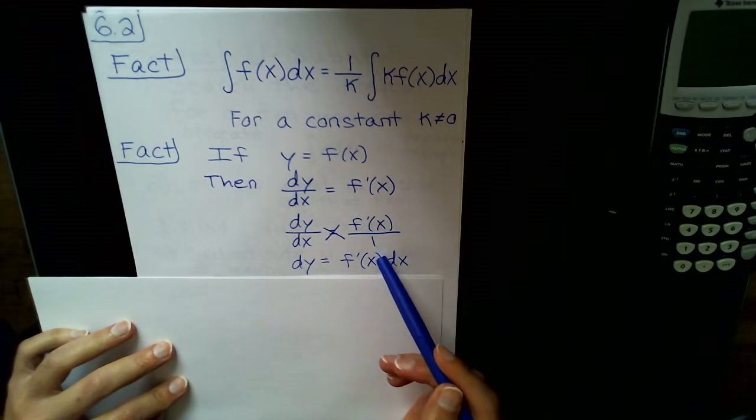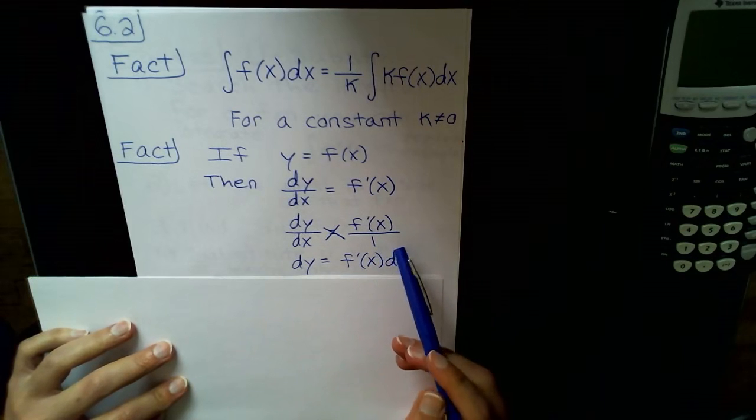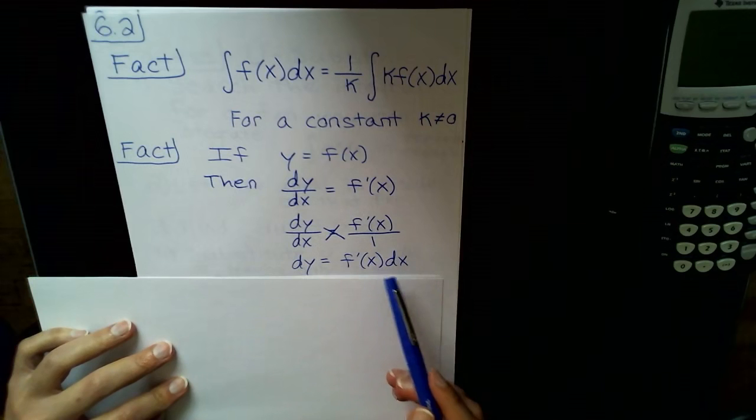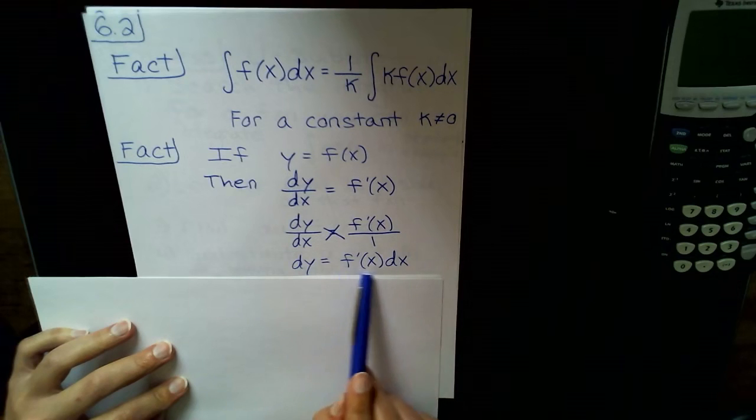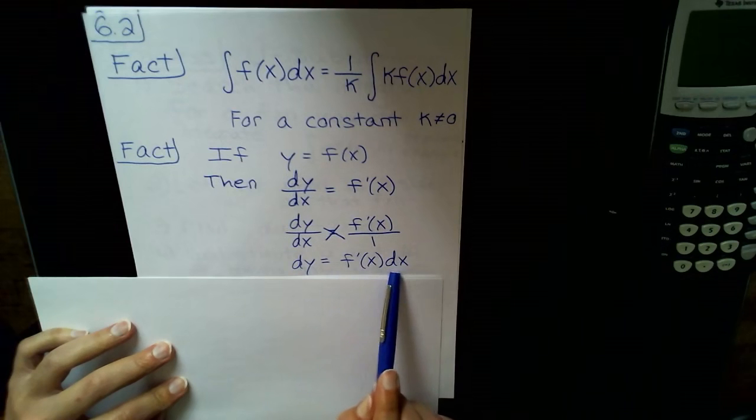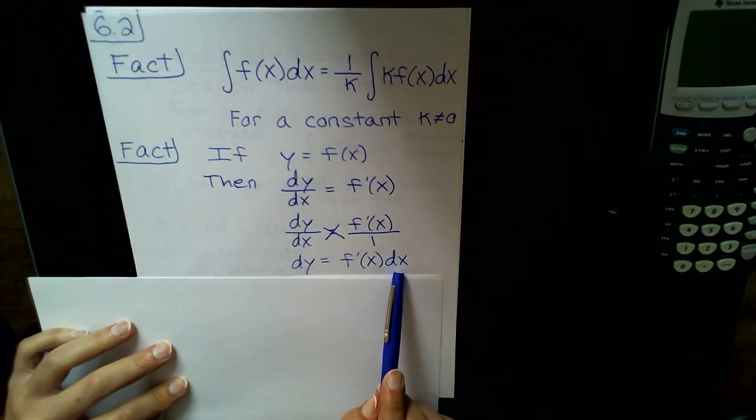Now that might not seem very useful, but think about how this could be incorporated into an antiderivative or an integral. F prime of x is the integrand, what's plugged into the integral, and dx is always what's multiplied to your integrand inside of the integral.